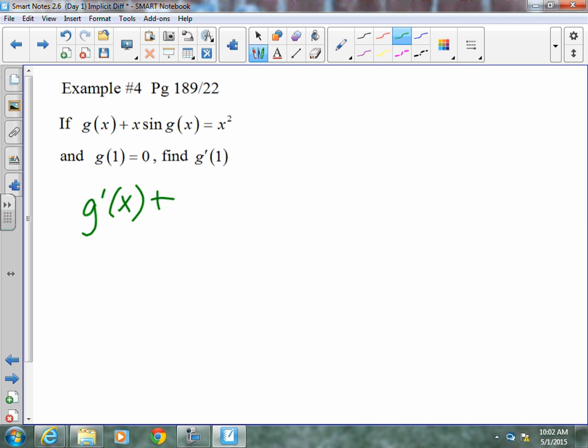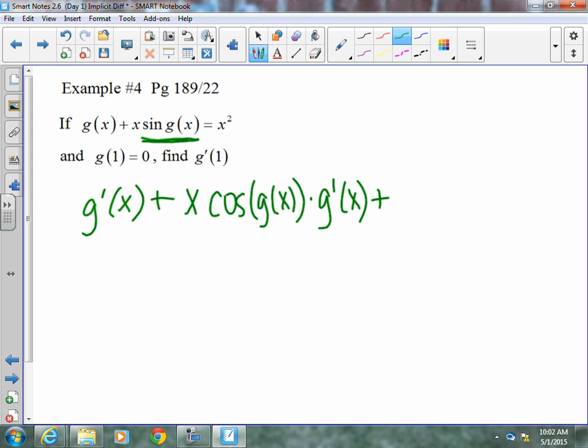Derivative of x sine g of x is going to be the product rule. Keep your x. The derivative of sine of g of x is going to be the chain rule. It's cosine of g of x times g prime of x plus sine of g of x, keep the second, times the derivative of x, which is 1, equals 2x.